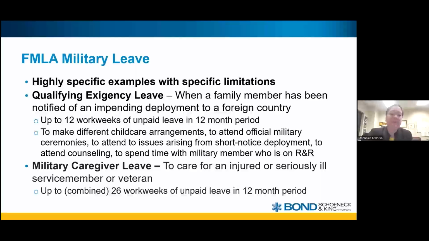And then military caregiver leave. That's time off available to care for an injured or seriously ill service member or veteran. Note that could be up to a combined 26 work weeks of unpaid leave in a 12-month period. So there's a little bit more provided under that particular type of FMLA category.